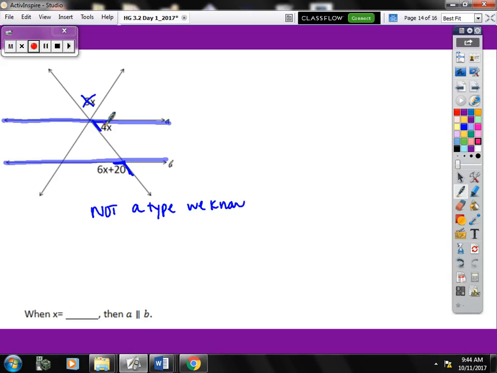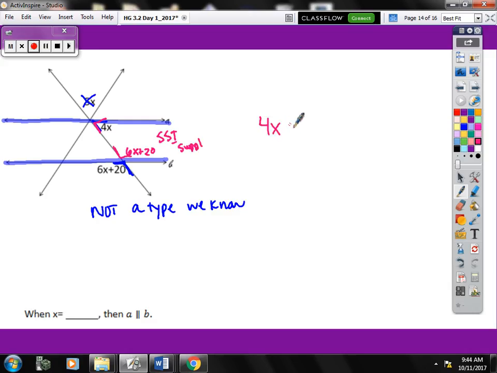What do we think? Use alternate interior angles, vertical angles, corresponding angles, whatever you want. Vertical angles for 6x plus 20. Good. Most students like vertical angles. So if I take the 6x plus 20 and I copy it to its vertical angle spot, then I'm going to look at these angles, which now are same side interior, which are supplementary.